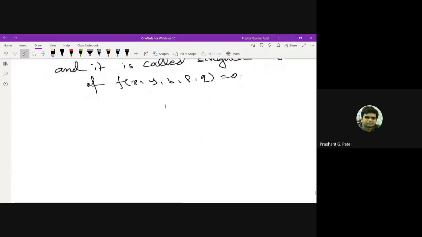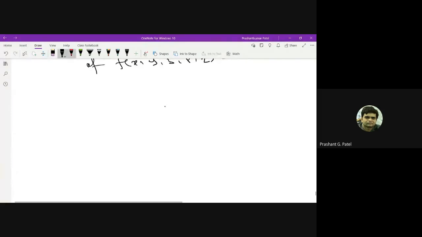Okay, so the question is, this is again a lemma. Is the singular integral a solution for the PDE?